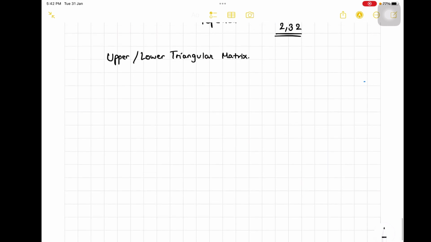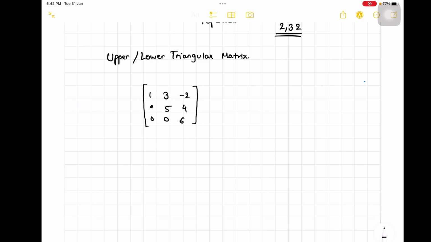So this you might have studied in previous semesters. So let me take an example. Let's consider a 3 by 3 matrix and we'll take the values 1, 3, minus 2, 5, 6, 4.